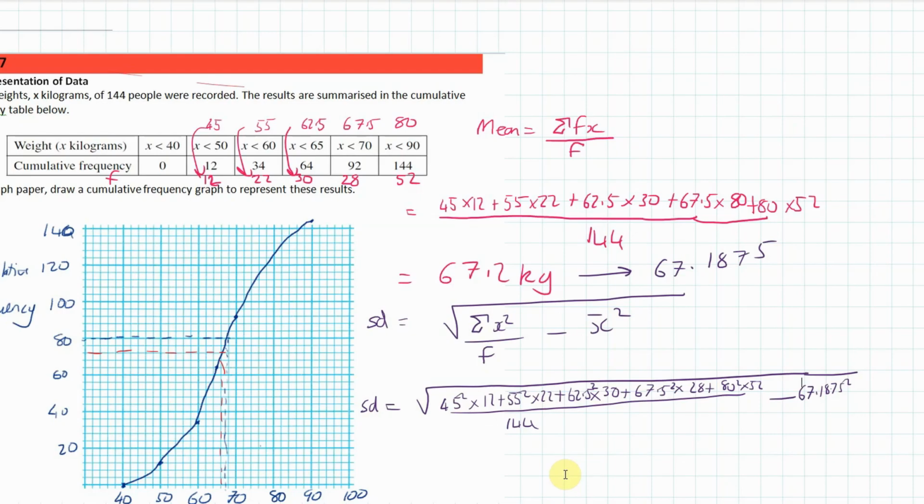And then we're going to subtract our mean, 67.1875 squared. Okay. Now, my standard deviation is 11.3.